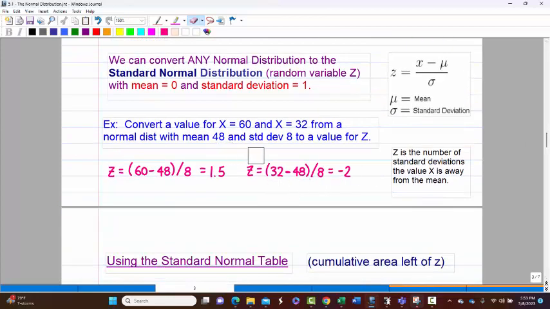And this one, you take the 32 minus 48 divided by 8, and you get negative 2. And the z essentially is the number of standard deviations that the value is away from the mean. So 1.5 means your x value is 1.5 standard deviation measures above the mean. Negative 2 means it's 2 standard deviations below the mean. Okay.